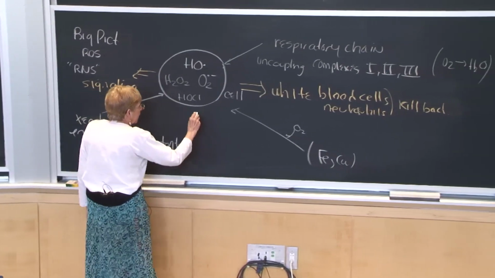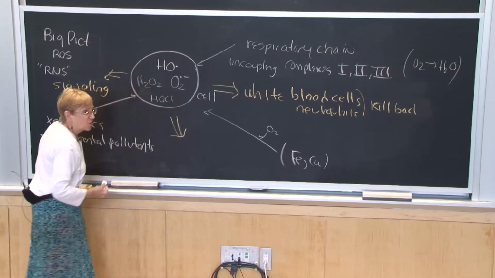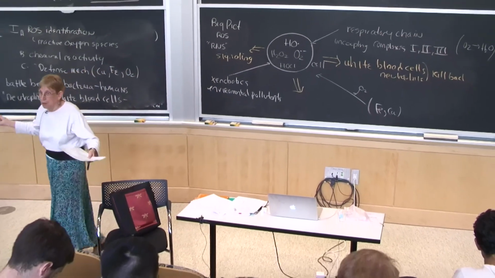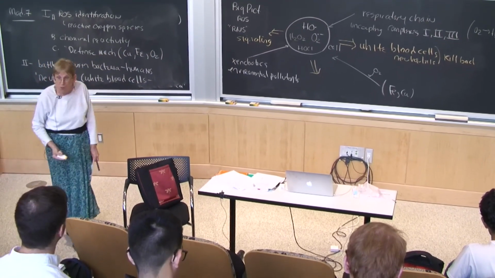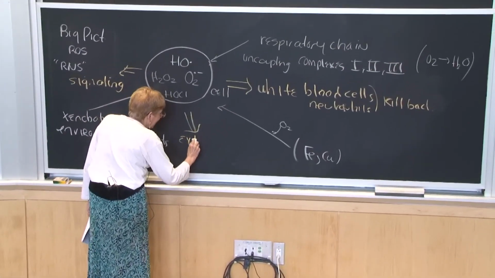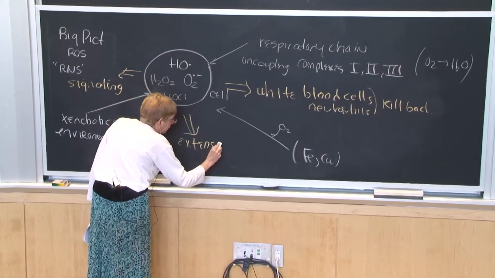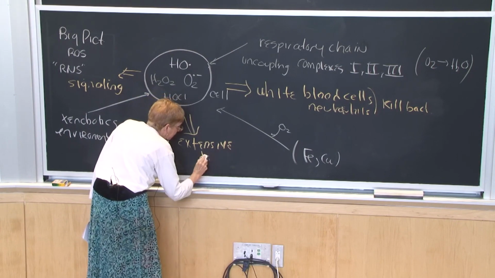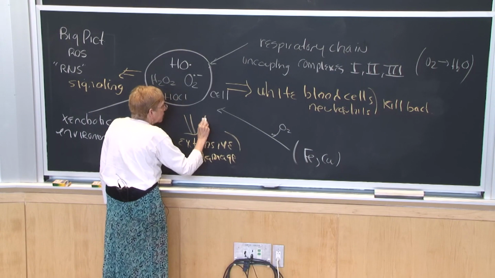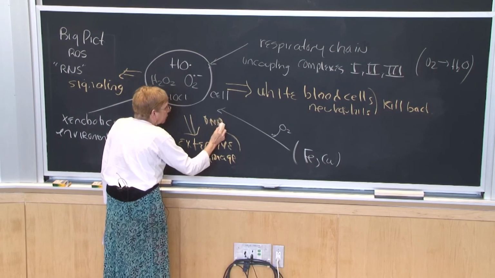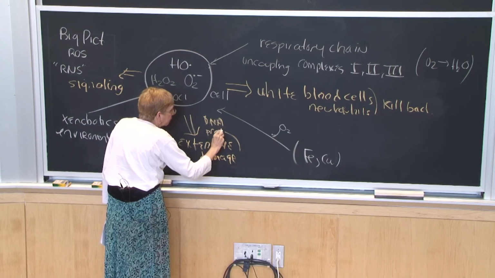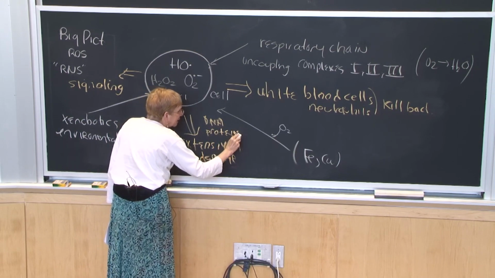And the third thing that happens when this is completely out of control is you damage all the macromolecules and small molecules inside the cell. So you have extensive damage of DNA, proteins, but it's not limited to that.